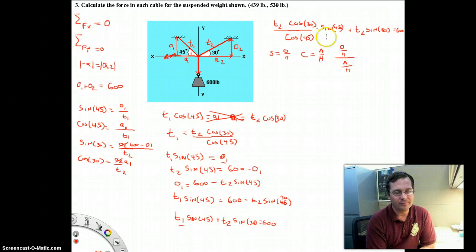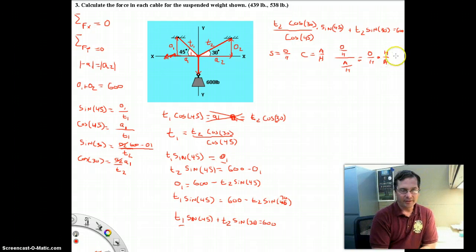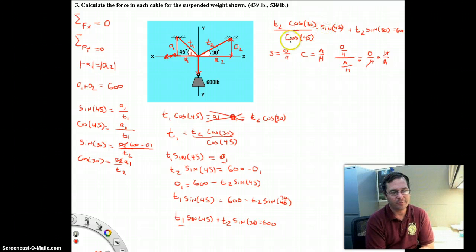But remember that division is the same as multiplying by the reciprocal. So O over H times H over A is equivalent. And now we can just simply cross cancel the H's. And we get that the sine of 45 divided by the cosine of 45 is equivalent to the ratio of the opposite to the adjacent. Well, that's just simply the tangent of 45.